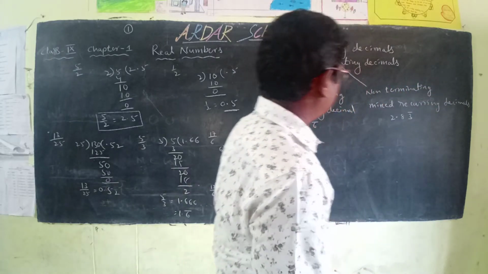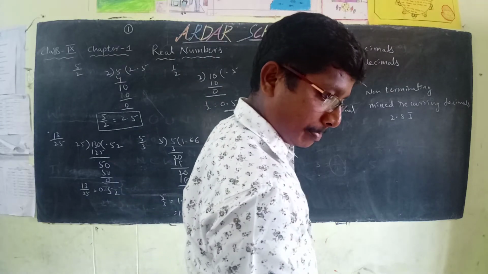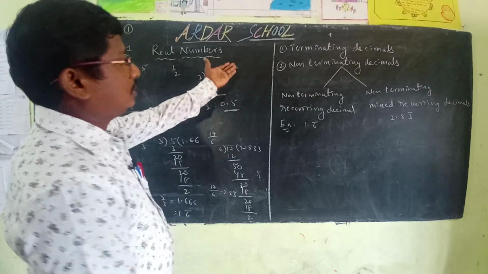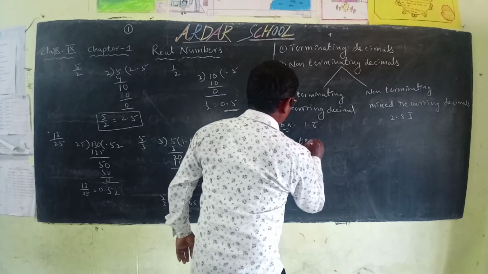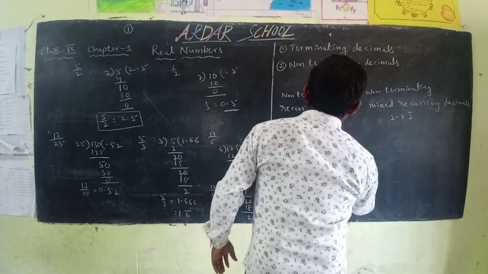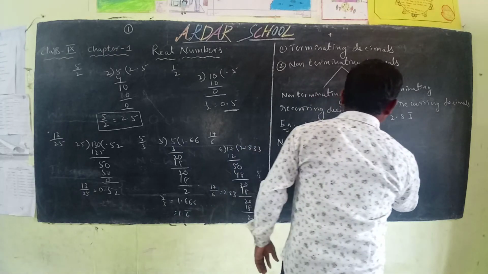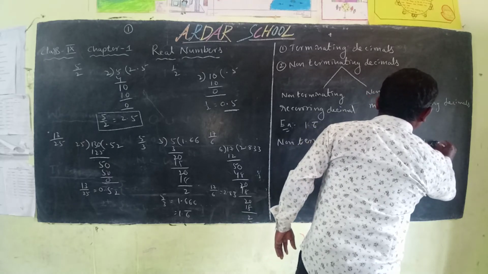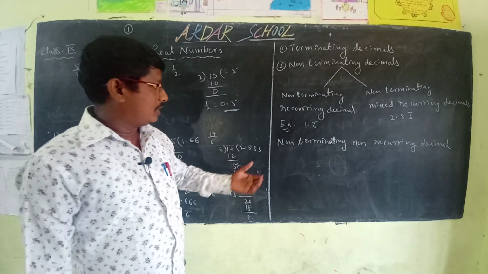Another type of decimal is also there. That is the non-terminating non-recurring decimal.